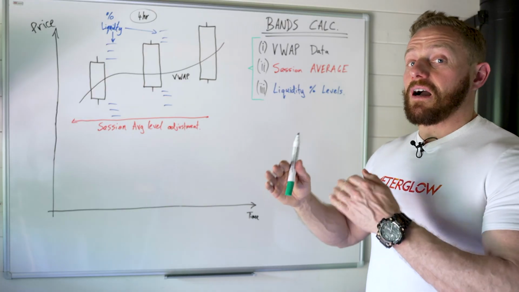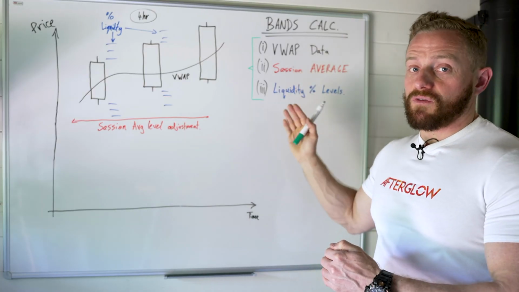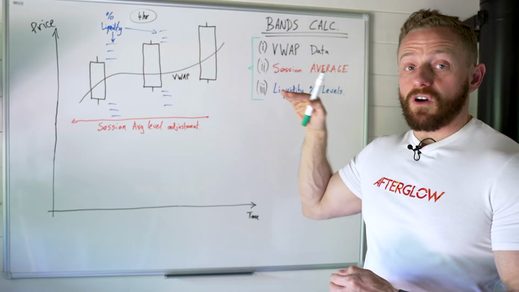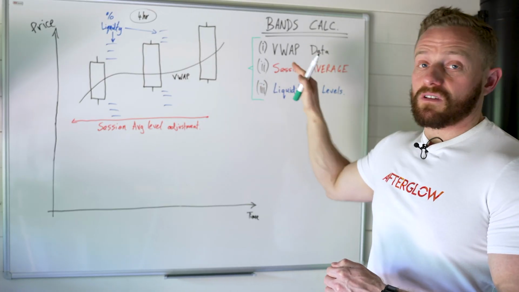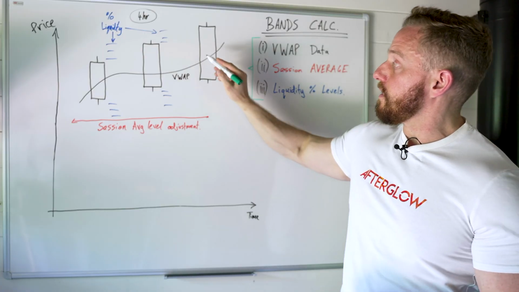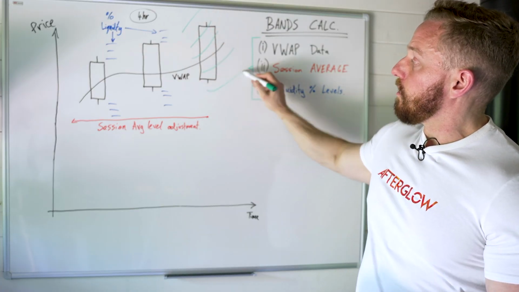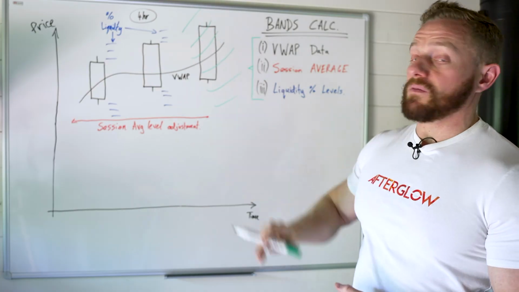And then the algorithm combines all of those 3 components and adjusts the liquidity horizontal levels using this extra data to convert that into the bands either side of the core liquidity.